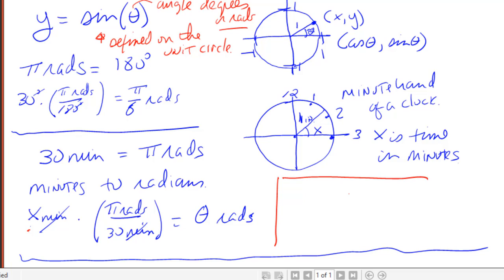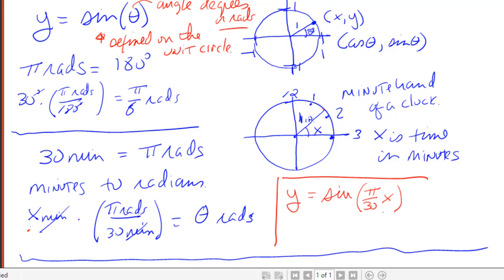So what I can do next is the following. If I want to use the sine function to find, let's say, the y component only on that unit circle, right here, then I write the following. y is equal to sine of, then I'll take my conversion factor and multiply it by x minutes.